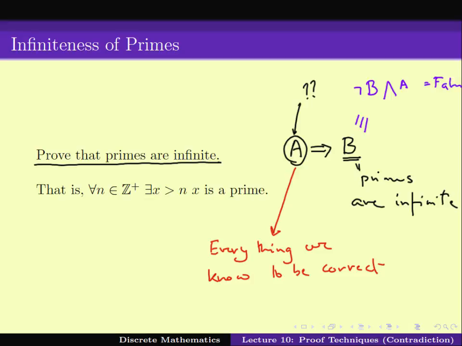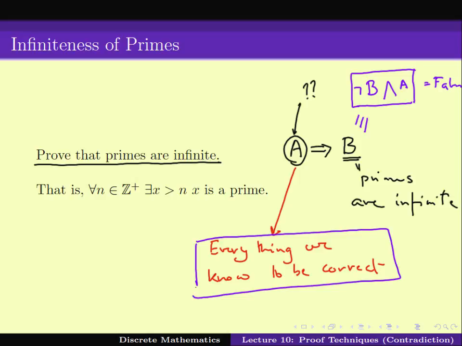Or in other words, this statement says that if the number of primes is not infinite, or in other words, if the number of primes is finite, then something that we know must be contradicted. So A here, something that we know, must have a contradiction. And this is how we will go about proving our statement.